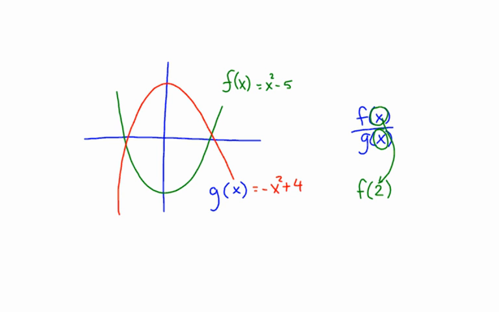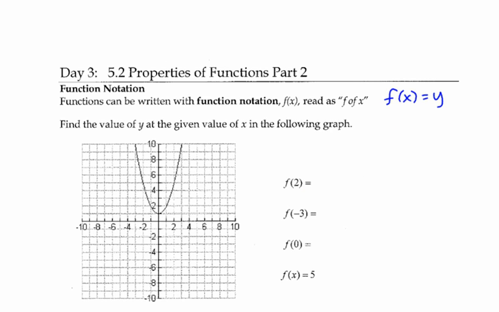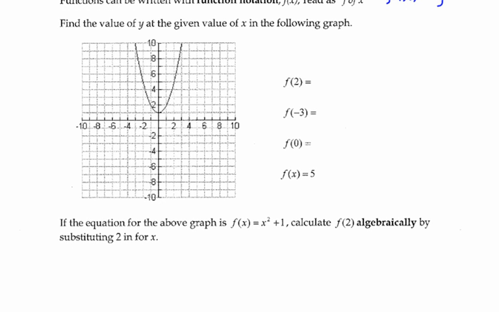Okay, so let's go back to our question. Here's a graph. Now my graph is not as clear as your graph. It says find the value of y at the given value of x for the following graph. So when it says find f of 2, what that means is find y when x was replaced with 2.